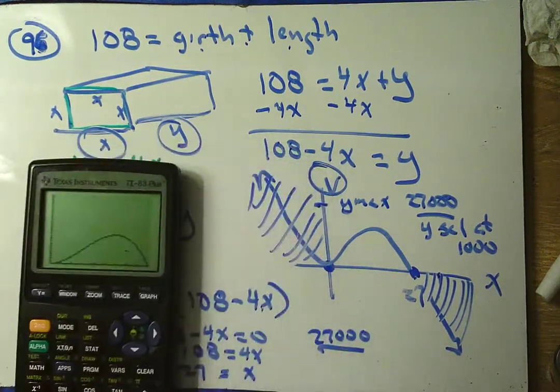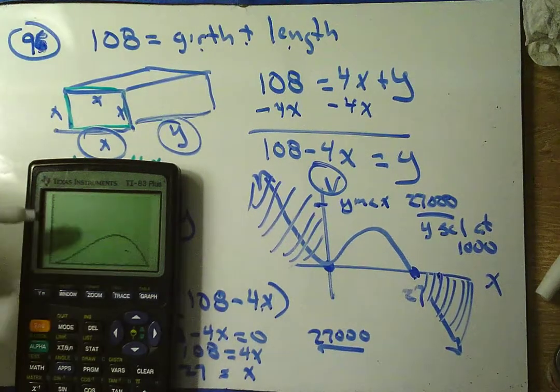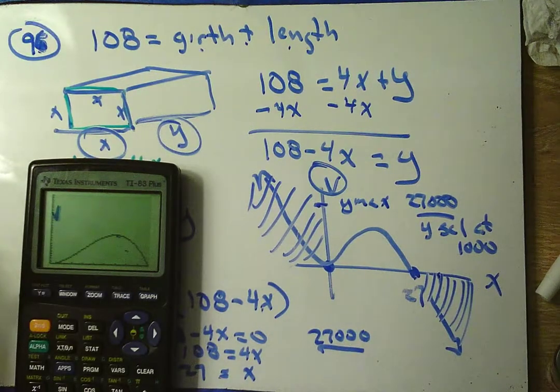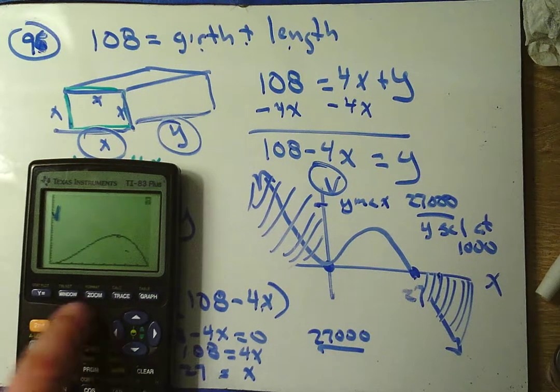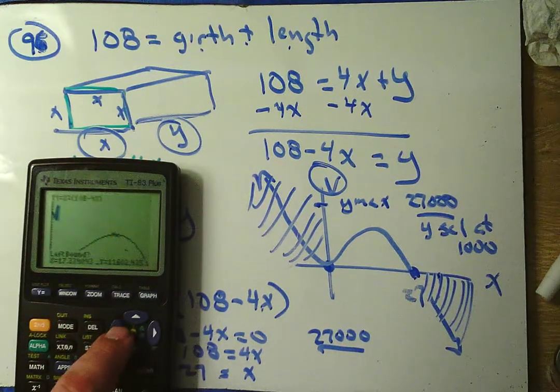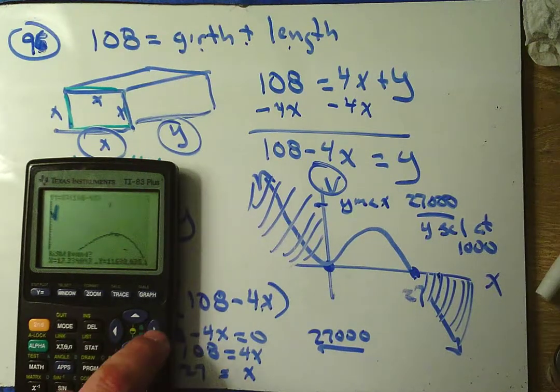So there's my graph. And then what does it say? What are the dimensions that will maximize the volume of the package? Well, this is V, and I see volume is maximized about here. I can do second, calculate, maximum to find the location of that maximum.